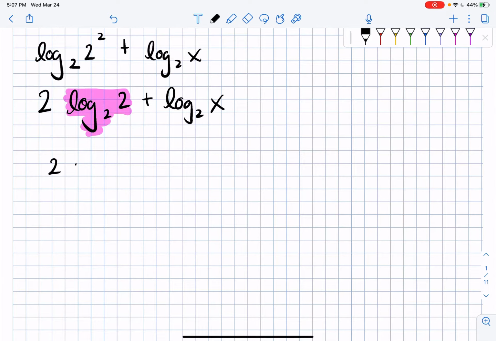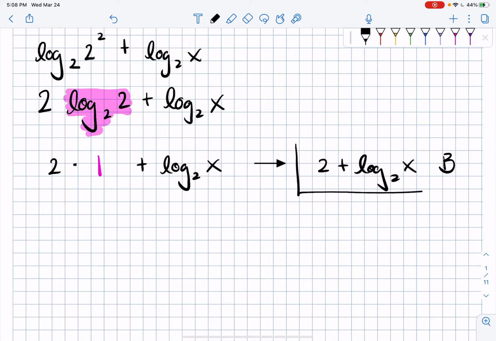So it would be 2 times 1 plus log base 2 of x. So really what I have now is 2 plus log base 2 of x. So that is choice B. There we go. That's my answer.